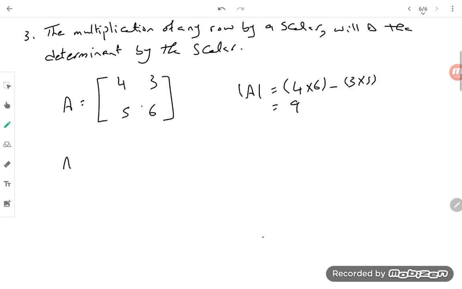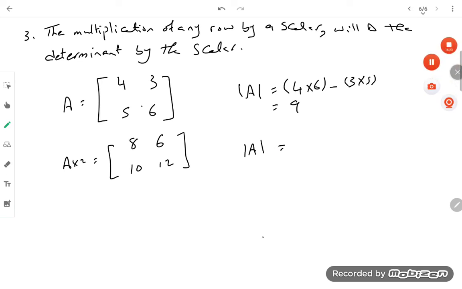So it will be 8, 6, 10, and 12. But you are going to multiply a row, not the whole matrix.